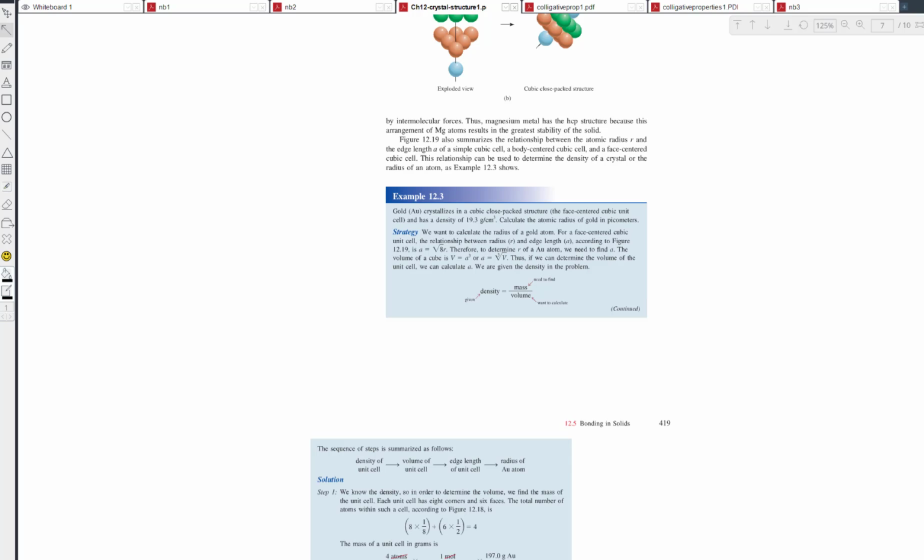It says body-centered. So body-centered we already know: 1 in the center plus 8 corners divided by 8 because 1 over 8 each, so 1 and 1. So 2. There are 2 vanadium atoms. Is that clear? And that was it: just look at the body-centered and you will get the answer.